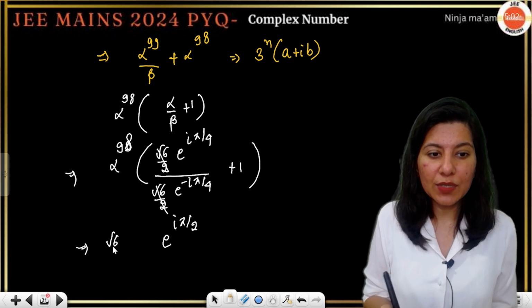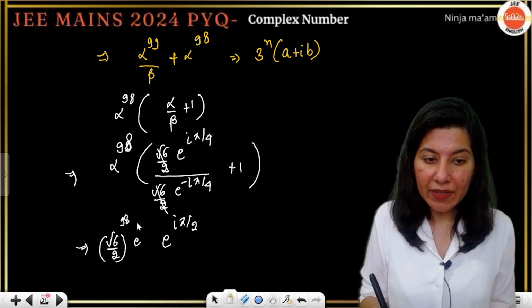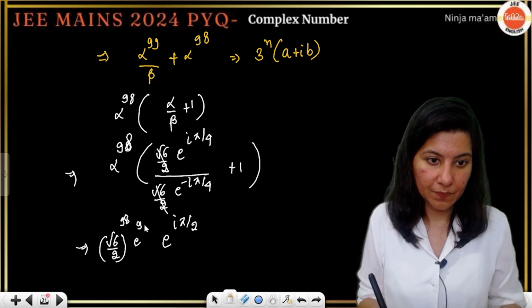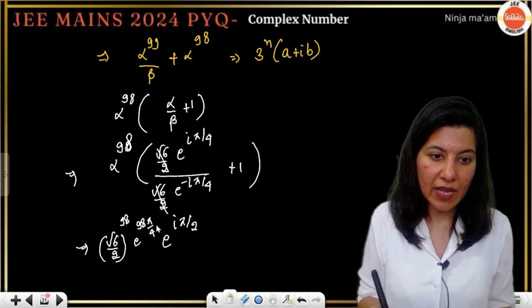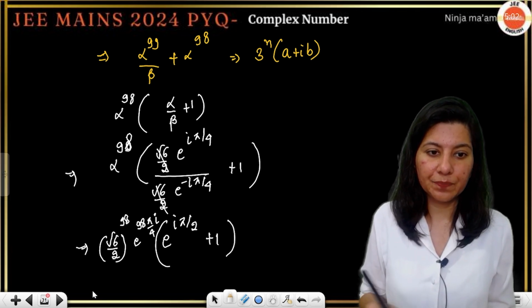Now alpha is what? Root 6 by 2 power 98, e power iota, so 98 pi by 4 iota. Correct? And this is plus 1.